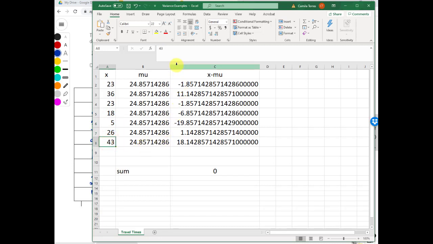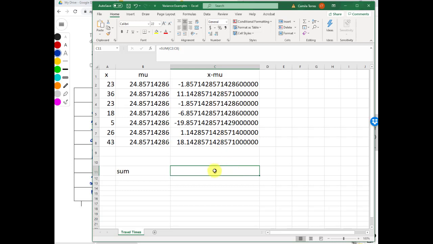So by things being a little bit more and a little bit less, it all evens out so that there is no difference, and the sum of the differences comes out to 0. That's what levels everything off.